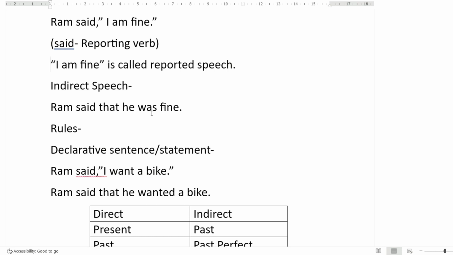There are some rules which tell us what things to change and how to change direct speech into indirect speech. This narration will help you write answers in literature, story writing, and diary entries. This is a very, very important aspect of grammar.